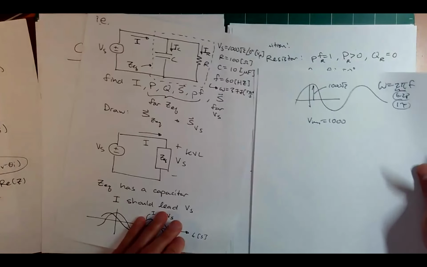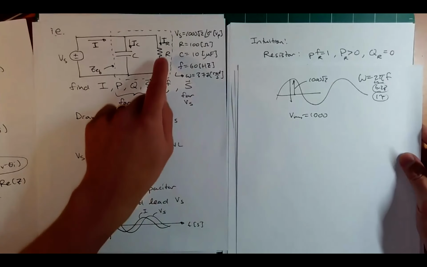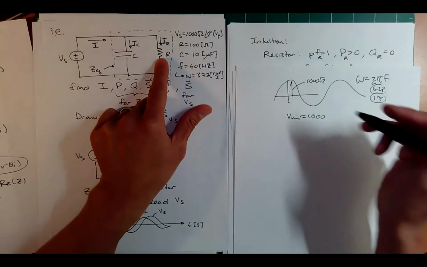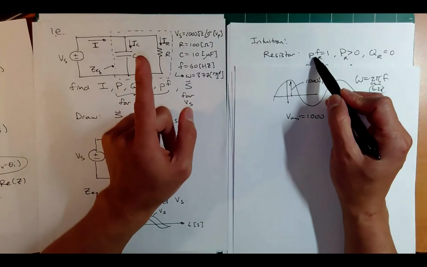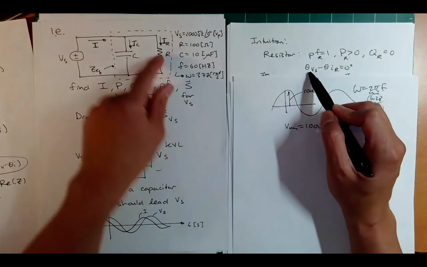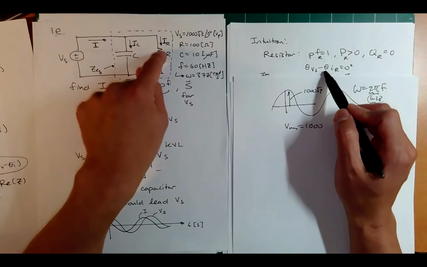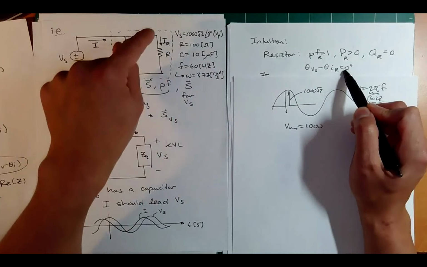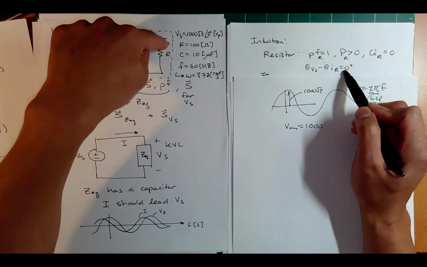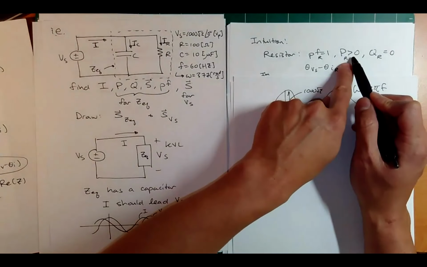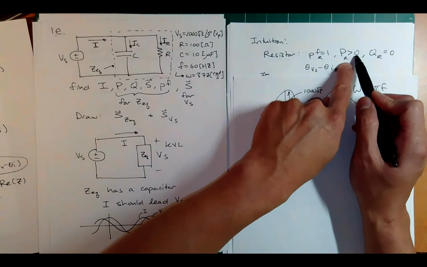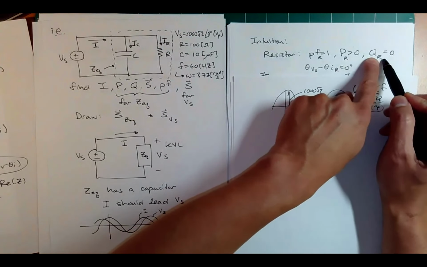So these are some things to expect. What else should we expect? Well, if we just look at the pure resistor, we should see that the power factor is 1, unity, because theta Vs minus theta IR, not this I, not that I, but that I, is 0. So the voltage Vs and this current are in phase. That means the PR is going to be positive and non-zero, and the QR is going to be 0.